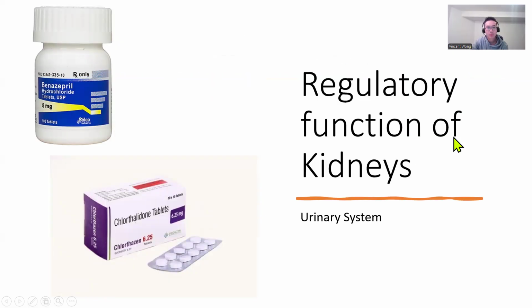Next, we're going to look at the regulatory function of kidneys. These drugs, I don't know if you know anyone or maybe you yourself have high blood pressure. But these are common drugs that are used to help lower blood pressure. Okay.